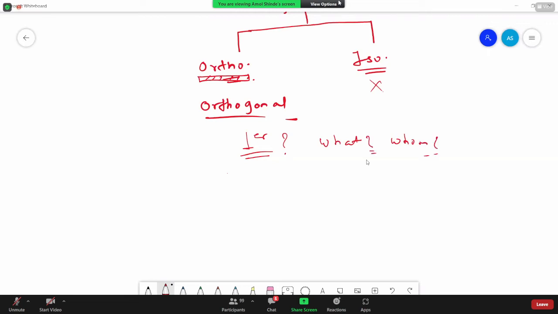Somebody told me it is parallel lines, but we are calling this perpendicular. Who is perpendicular with whom? That's why it is called orthographic projection. Now you can take any solid. Let us say I'm drawing a cube.